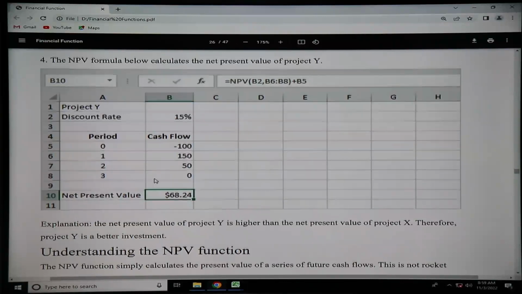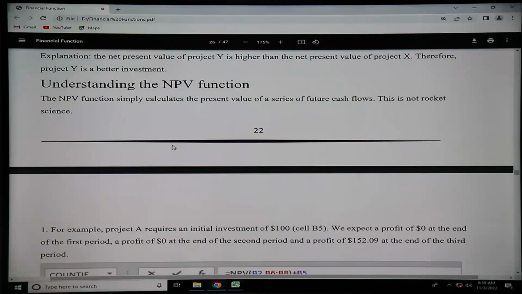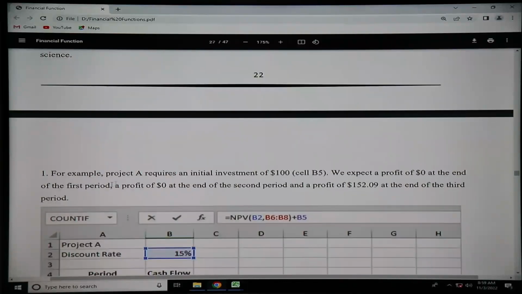So our understanding of the net present value function is that it simply calculates the present value of a series of future cash flow. This is not rocket science actually, because it's something that we did even using a formula.